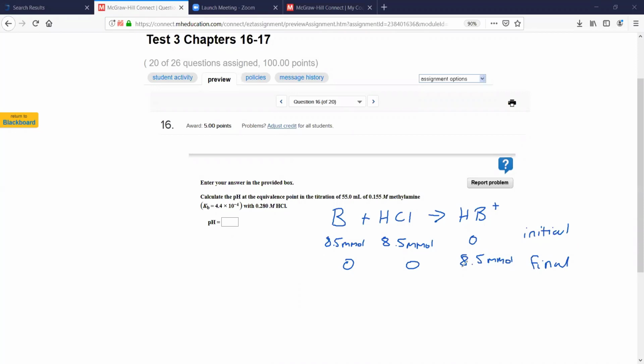But so at this point, I have HB, which is a conjugate acid. You could also have the chloride in there and say it is a salt if you wanted to. So how do you find the pH of a salt? Chapter 16.